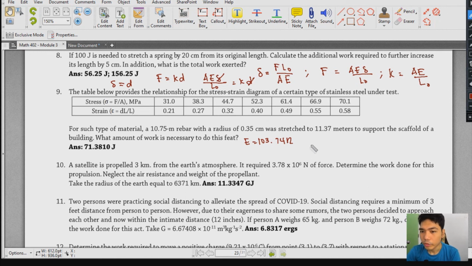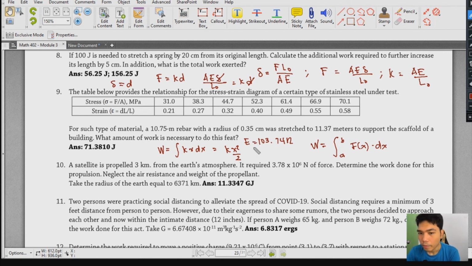So the work would simply be equal to the integral from a to b of f of x dx. Remember, we could just use our Hooke's law to determine the work. That is the integral of kx dx, and therefore that is k times x squared over 2, plus c.